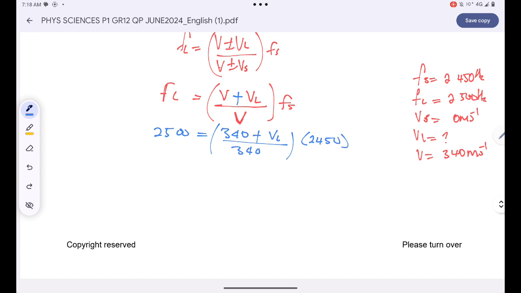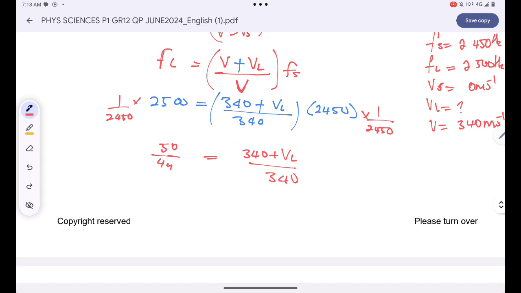Okay, whenever I divide both sides by 2450 like this, or let me say I'm multiplying by 1 over 2450, I'll end up having 50 over 49 on the left hand side being equal to 340 plus VL all over 340. These will just cancel. Okay, and then all I have to do now is to just multiply both sides by 340.